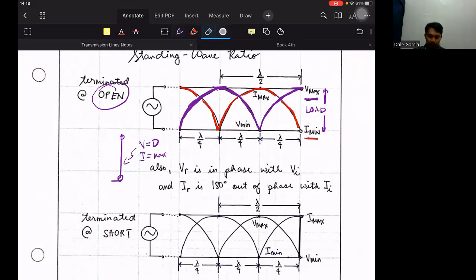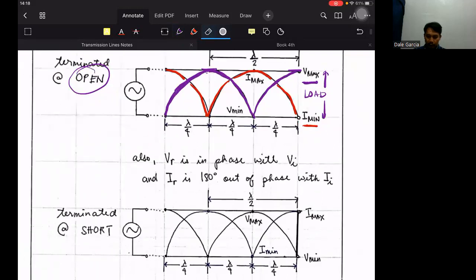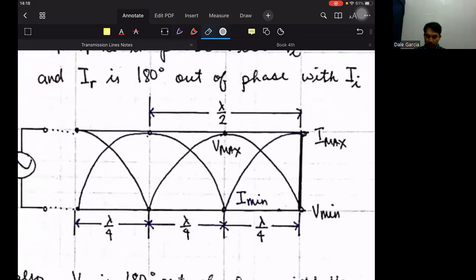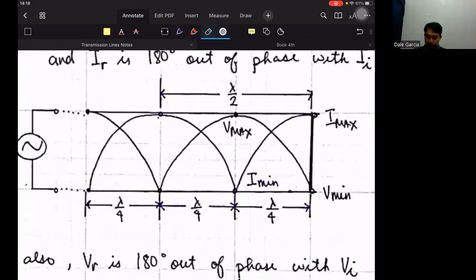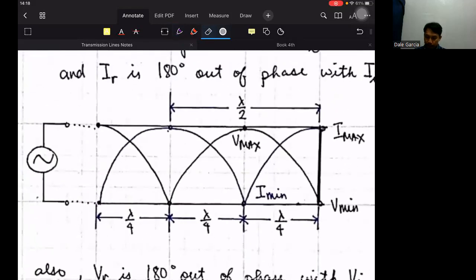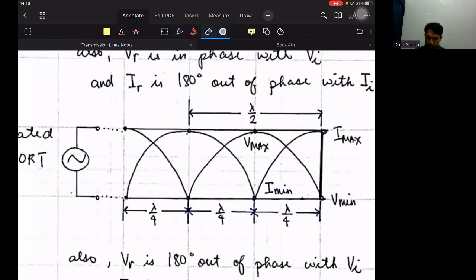If our line is terminated with a short circuit, the standing wave we could measure is: voltage is minimum.